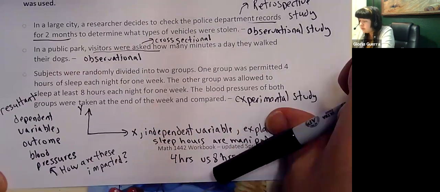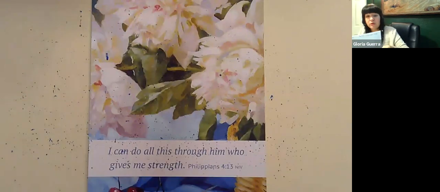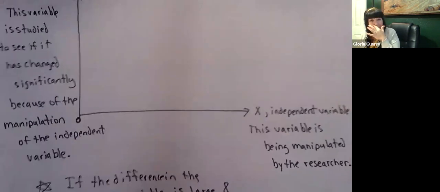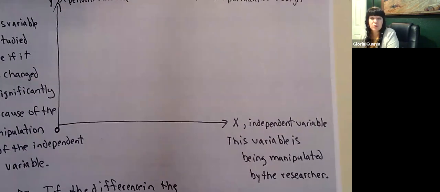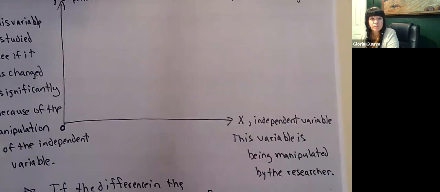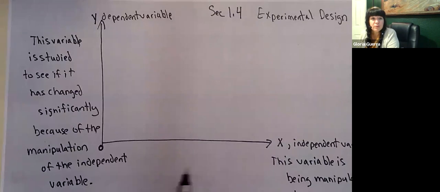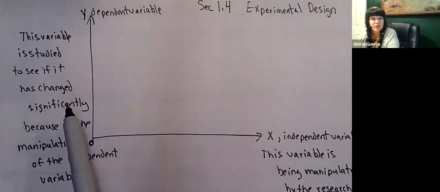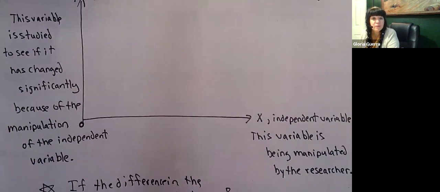And then let's see. I want to show you in my notes that are saved. You might see a sheet like this, and this is just, again, talking about the independent variable being the variable manipulated by the researcher. The dependent variable is studied to see if it has changed significantly because of the manipulation of the independent variable.